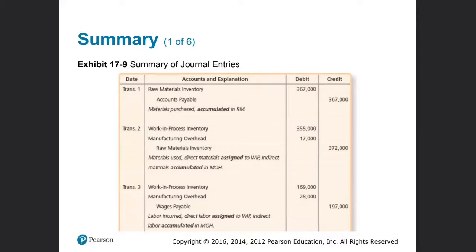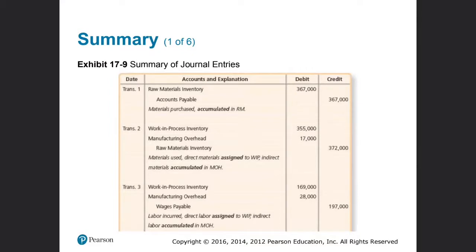So here's a summary of our journal entries. We're going to debit our raw materials inventory for $367,000. We credited our accounts payable for the same amount, and we made a note that we had purchased materials and accumulated that in our raw materials account, RM.